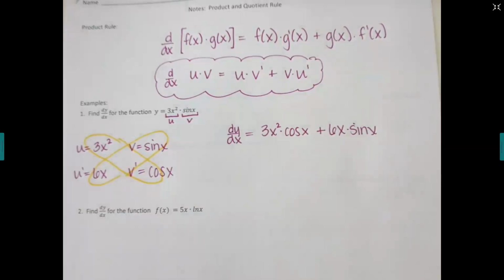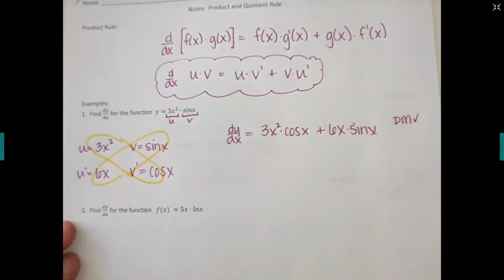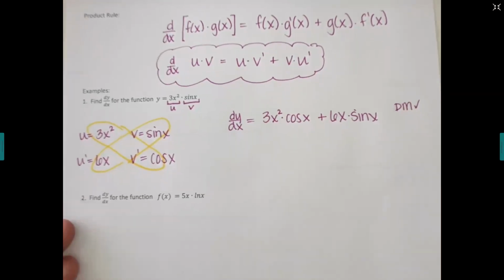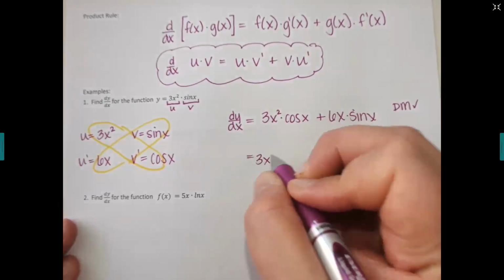However, when you're taking the AP test, they love to factor things. So if there's a GCF, I want you to take it out. However, for Delta Math, this would be fine, okay? So I'm gonna put here for DM, Delta Math, this is perfect, check. Okay, but for AP, they're gonna want you to factor out anything they have in common. What can both of those terms divide by? 3x, very good.